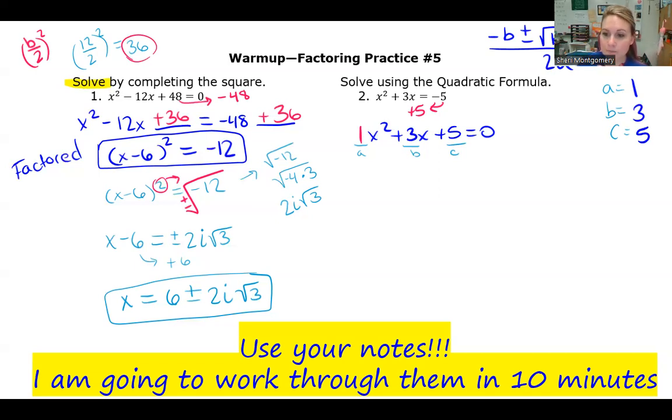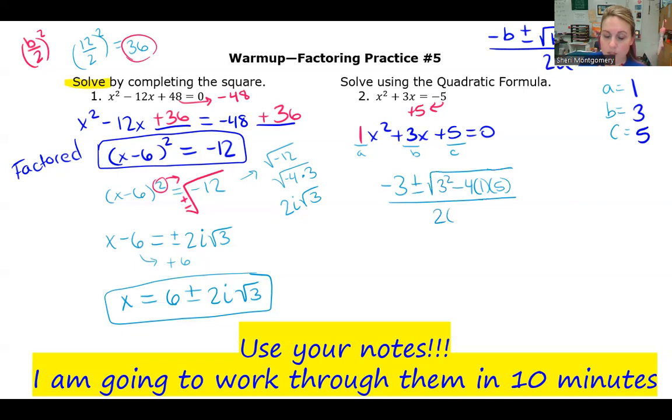So it says negative b. Okay, negative b is negative 3, plus or minus the square root of b squared, so 3 squared minus 4 times 1 times 5. Don't try and do it all in your head. You can write it out.